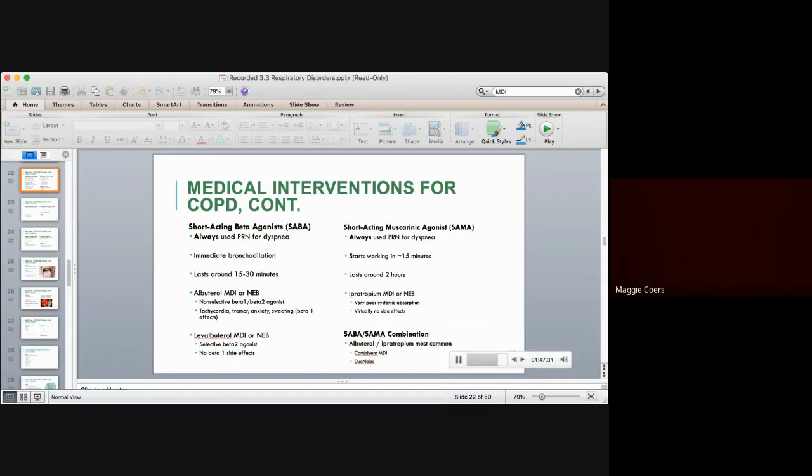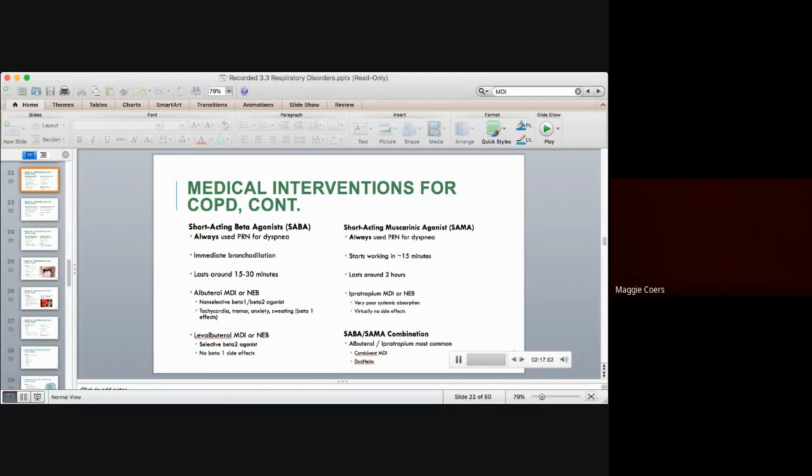The alternative is levalbuterol, which is much more expensive, but it's a beta 2 selective SABA. It only works in the bronchioles, not in the heart or on the skin to have those vascular effects. So if someone has palpitations, you can request the inhaler be changed to levalbuterol, although albuterol is the gold standard.